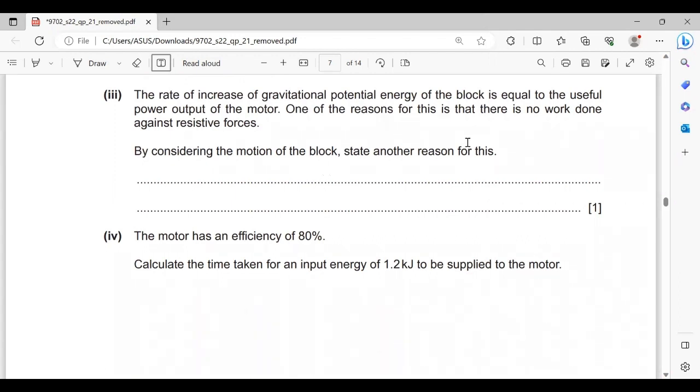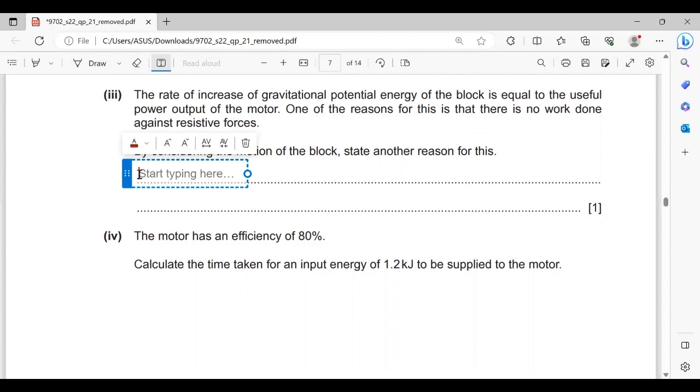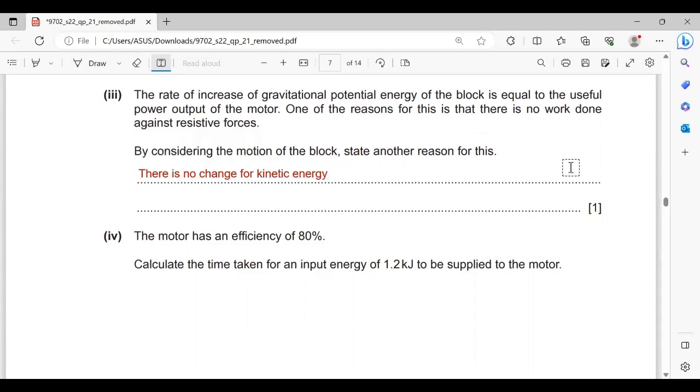Okay, I think there is no change. There's no change for kinetic energy.